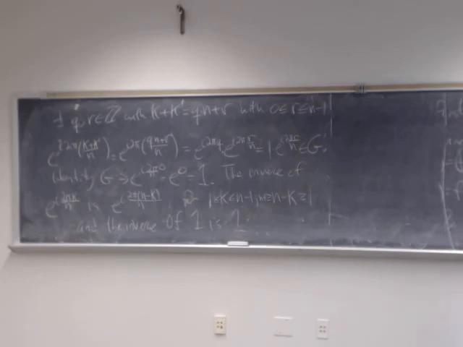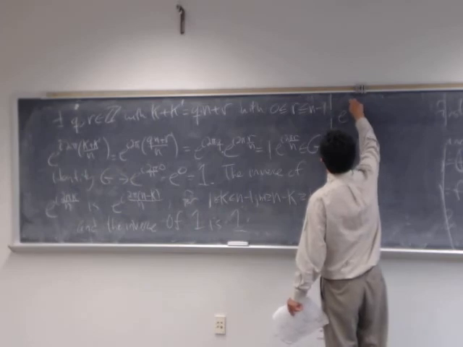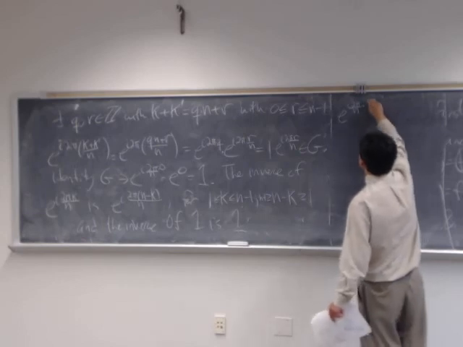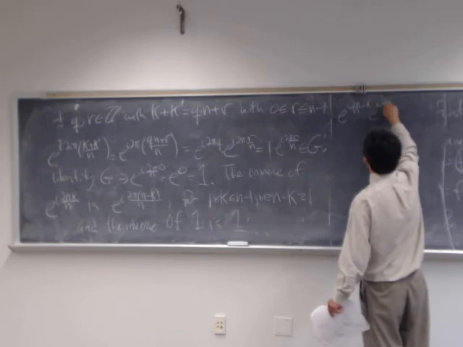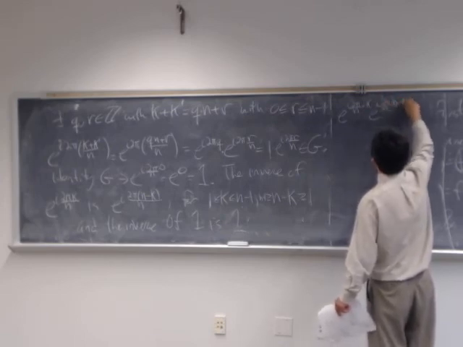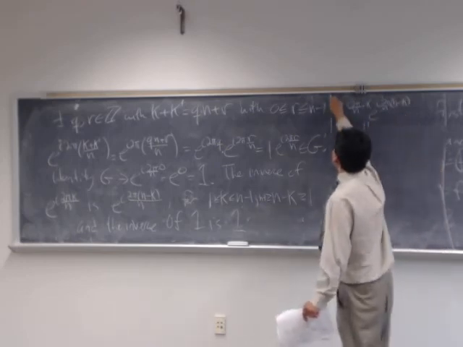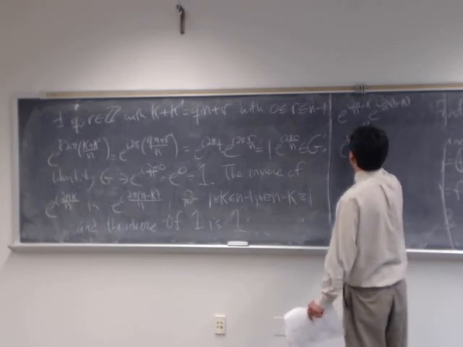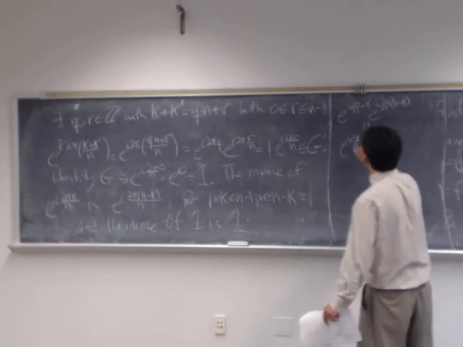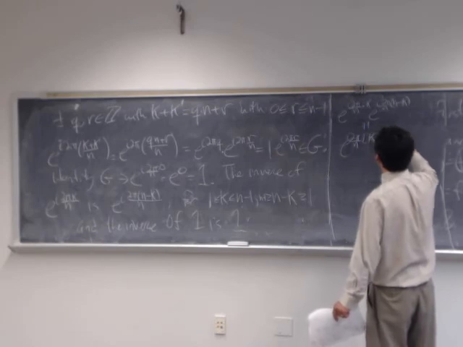So if I look at e to the i 2 pi over n, I'll just put the k here, times e to the i 2 pi n times n minus k, I would add those two exponents, e to the i 2 pi n, k plus n minus k.